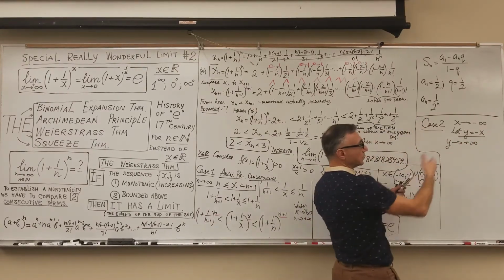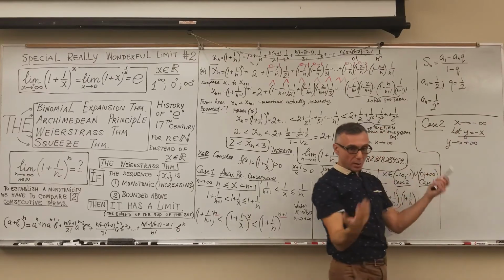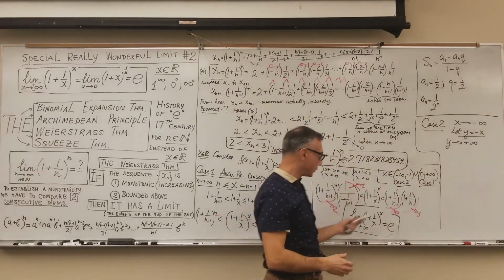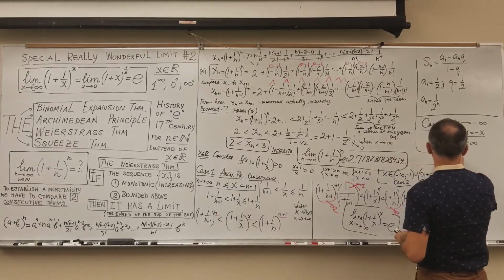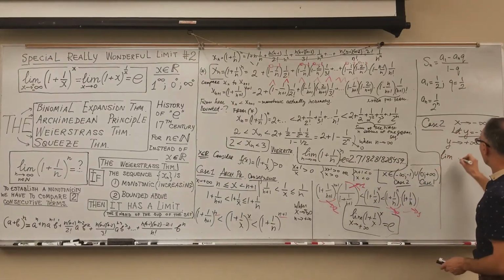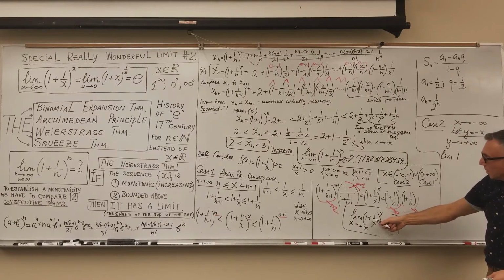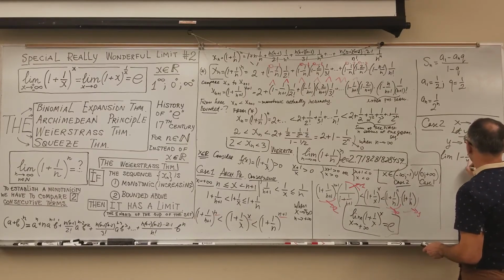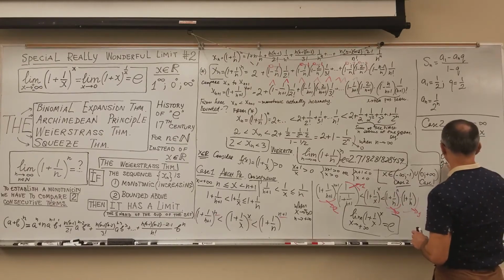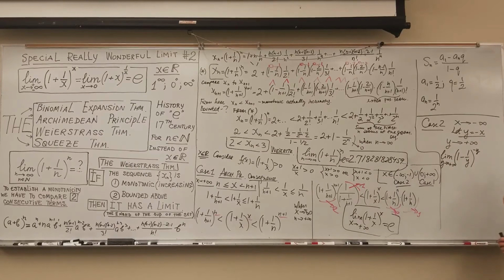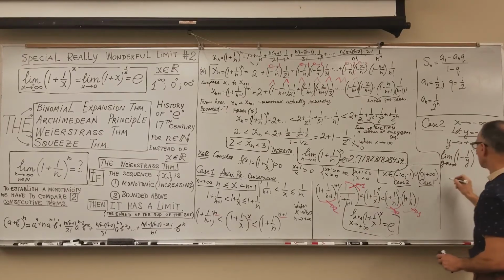When x goes to minus infinity, my y will go to plus infinity. I'm trying to reduce it to the positive case. So in this case, I have a limit of 1 minus 1 over y now. However, x is minus y, but my y goes to plus infinity now.